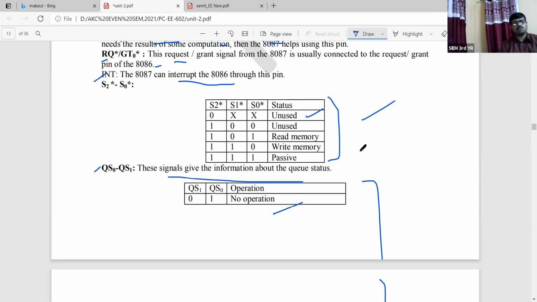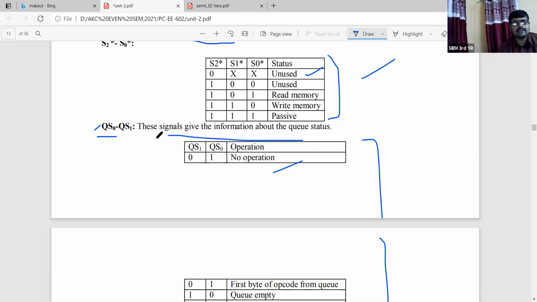When S2 bar equals 1, S1 bar equals 0, S0 bar equals 0, the status is again unused. With S2 bar equals 1, S1 bar equals 0, S0 bar equals 1, that is read memory. S2 bar equals 1, S1 bar equals 1, S0 bar equals 0 is write memory. And the last combination, S2 bar equals 1, S1 bar equals 1, S0 bar equals 1, is the passive status.